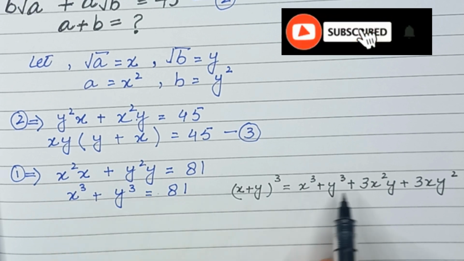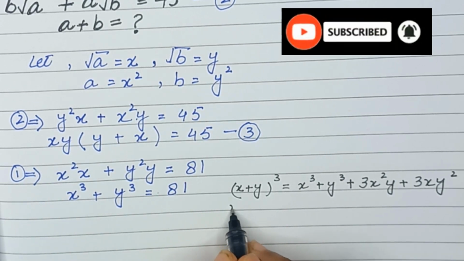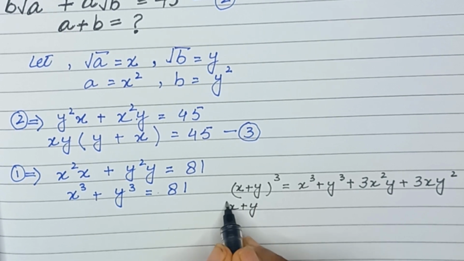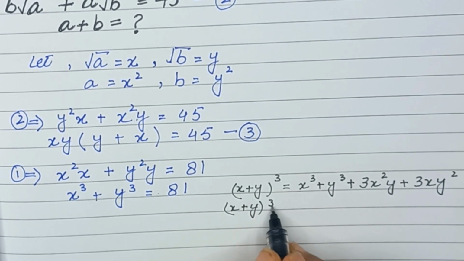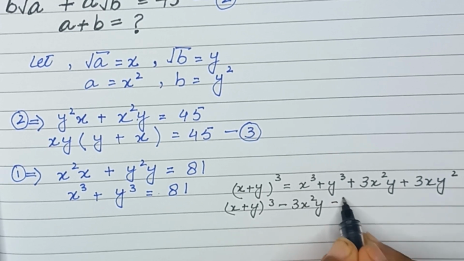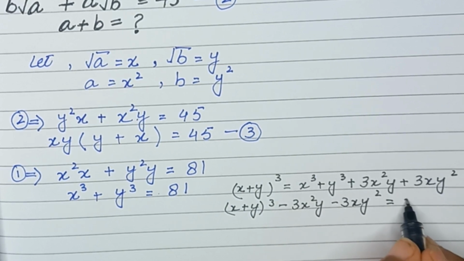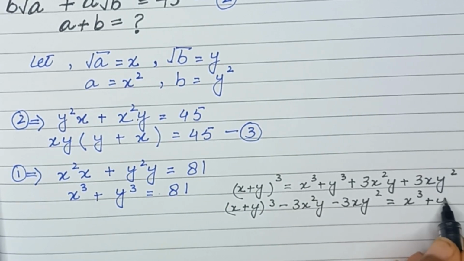So from here, if we want to find x cube plus y cube, it will become x plus y whole cube minus 3x square y minus 3xy square, which is equal to x cube plus y cube.